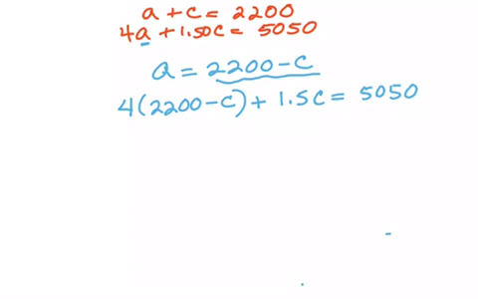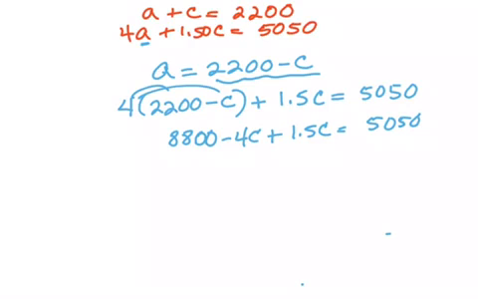Now, when I do my distributive property and I add all this together, it's going to equal 8,800 minus 4C plus 1.5C equals 5,050.